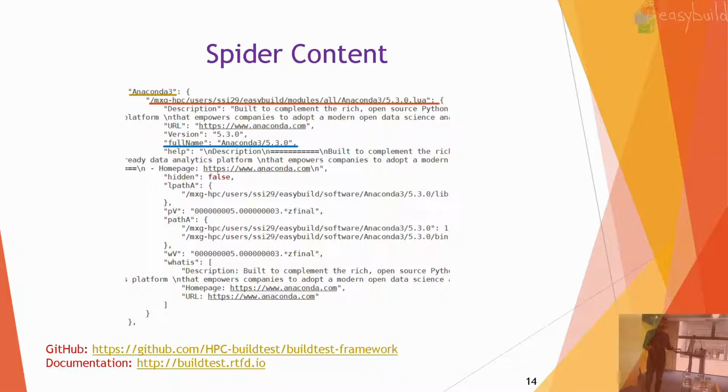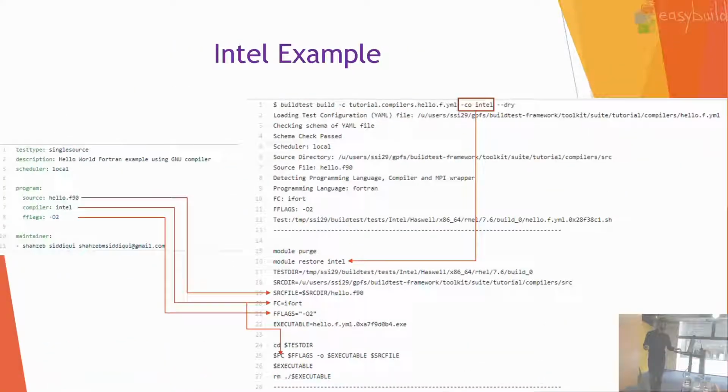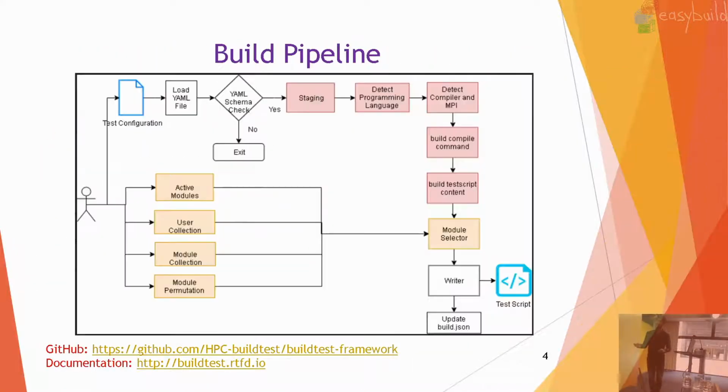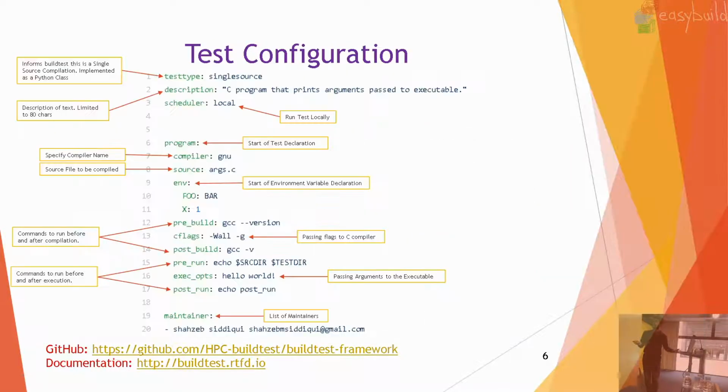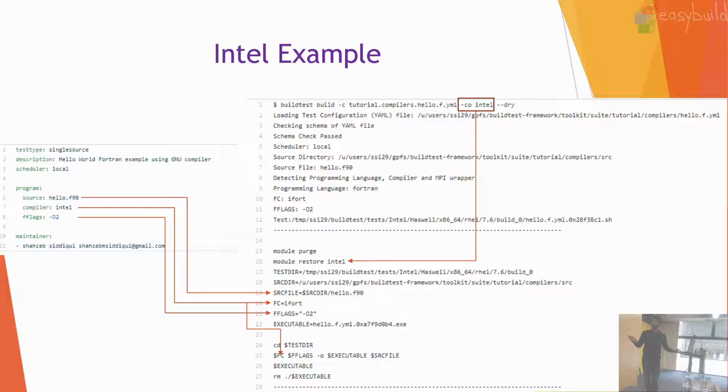Now there are multiple ways to load modules. One of them is just active modules. So before you build the test, if you have modules loaded in and you don't specify anything, it will just load everything that's in the active modules. If you have an lmod user collection, say you have some modules XYZ, you do a save, then you can reference that, and that's what this example was. I have an Intel module collection.